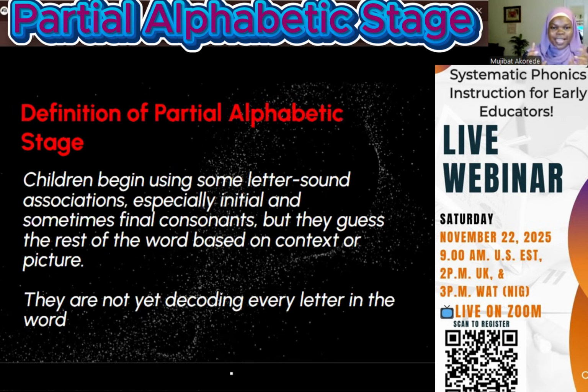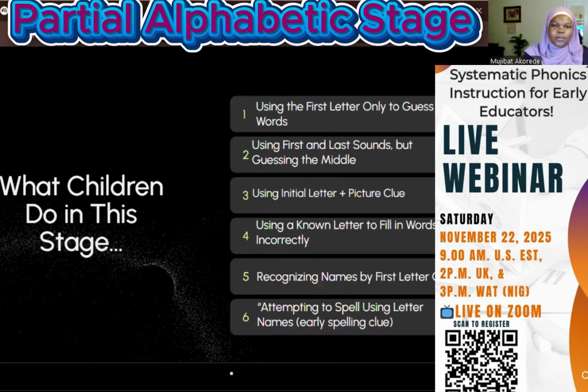They use their ideas or context or the picture they see to guess the word. Not all the letters they can decode at this stage, but at least they can decode most of the beginning and the last letters. So during this partial alphabetic stage, what do children do?